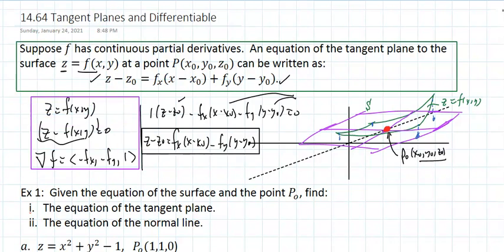Now, the deal is, this plane right here is what we're finding. And later on, I'm going to explain the difference between the linearization, what that means, and the differentials and what that means. Based on this graph, I'm going to mimic this graph again.